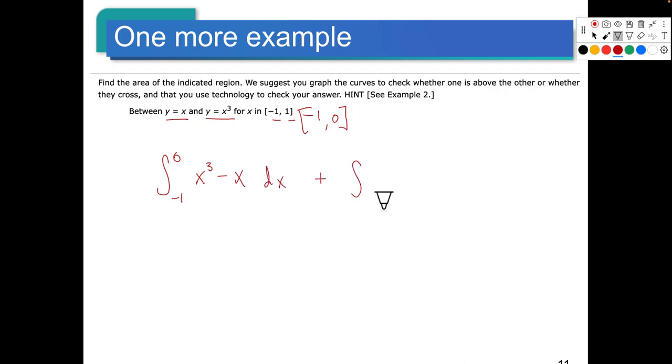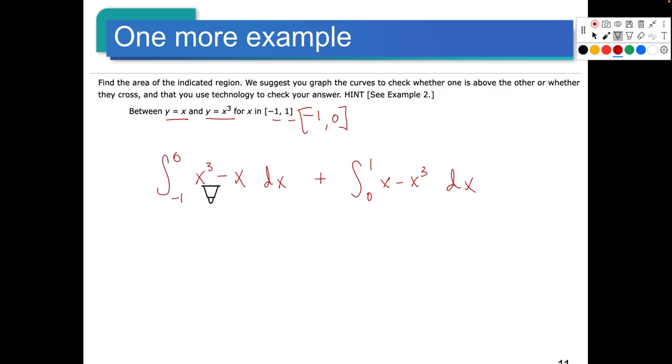Then the other region goes from 0 to 1. This time x was on top, so it's x minus x cubed dx. Now these are not like terms, so we can't just add them together, but we can integrate them separately. And notice they are different.